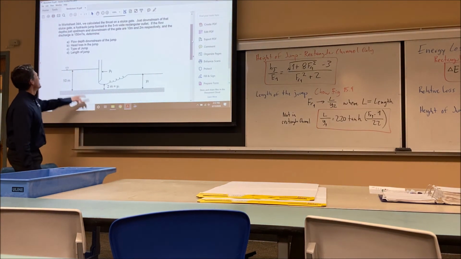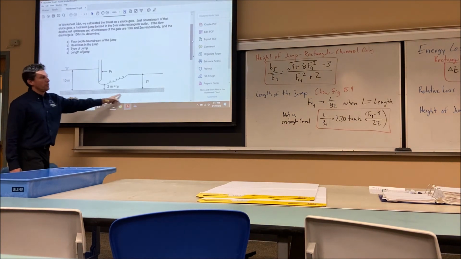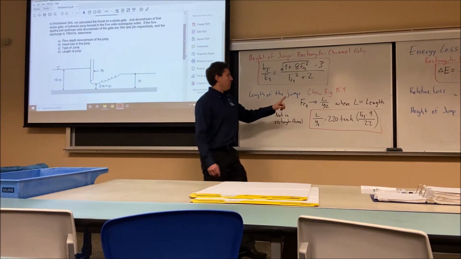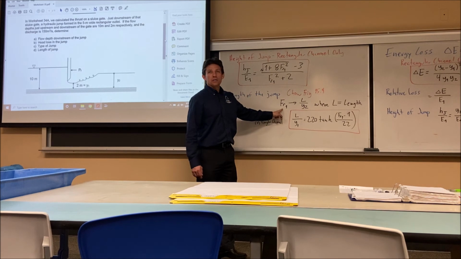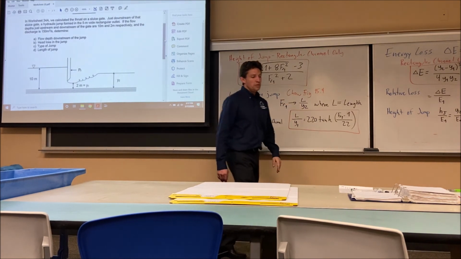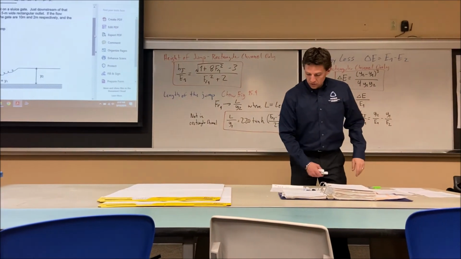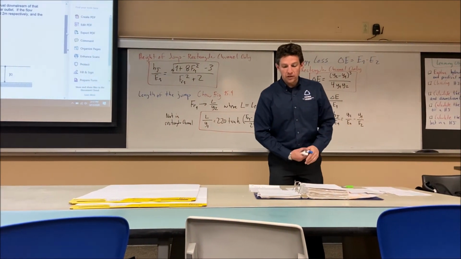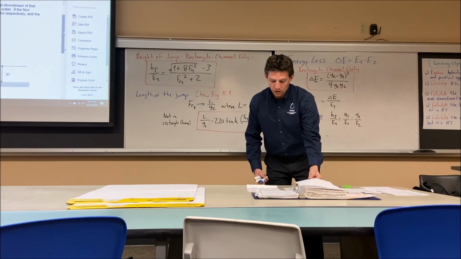And then the last piece, the length of the jump: you're going to be able to get that from figure 15.4 in Chow, looking at L over Y2 once you have your Y2 calculated. So that is how you go about successfully calculating everything for those hydraulic jumps.